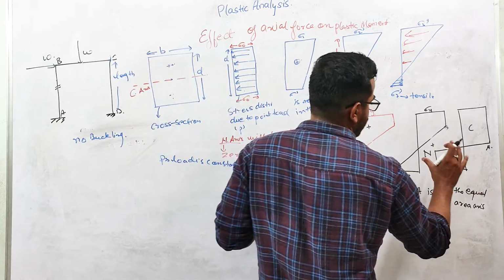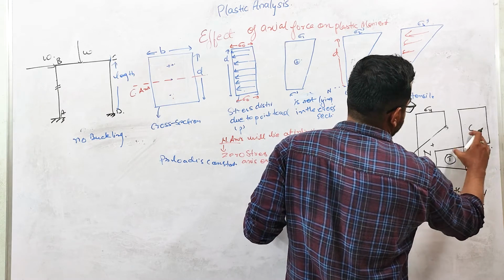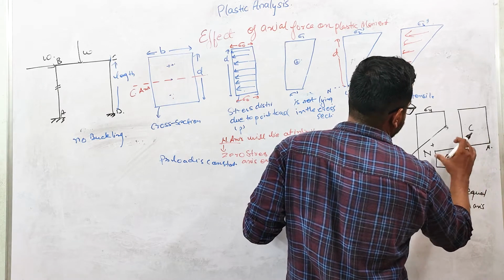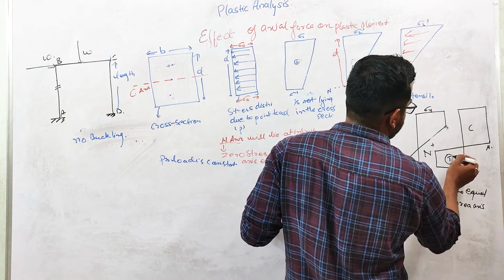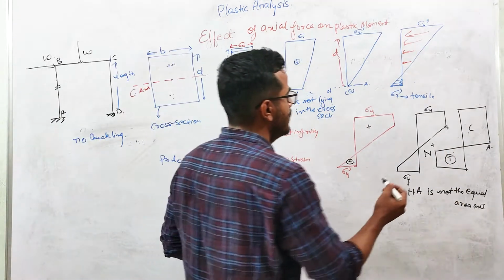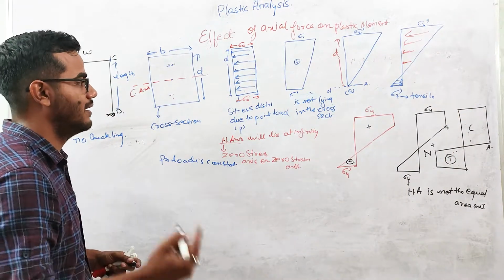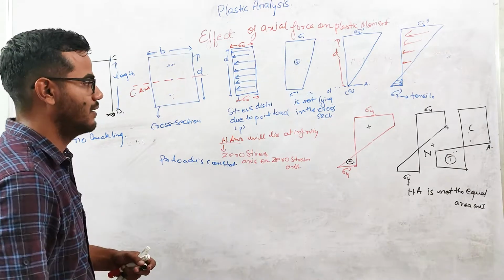So this axis cannot be the equal area axis, and the summation of this compression and tension, the resultant of these two, should be equal to this P force. Remember that thing. You can understand that, right?